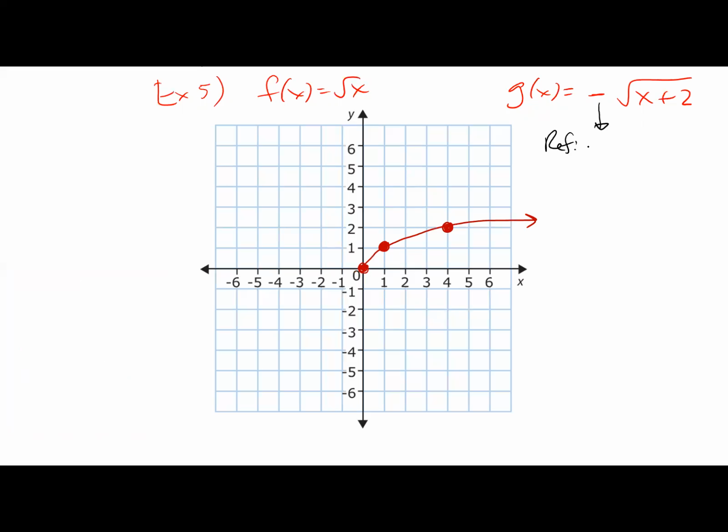This is a reflection about the x-axis. That's right, it's outside the function. And this is a horizontal shift 2 units, where? Left or right? It's +2, so it goes to the left. So we need a reflection, and we need to move it to the left 2 units.